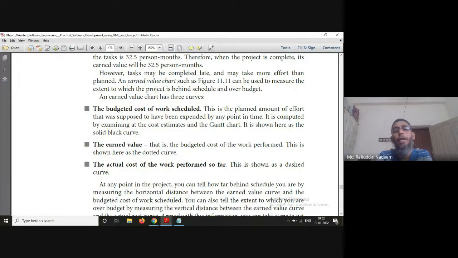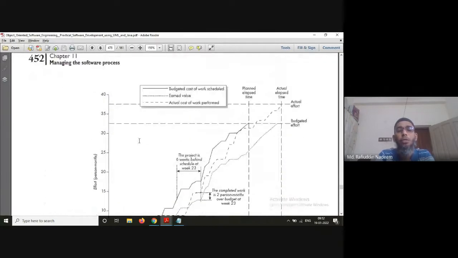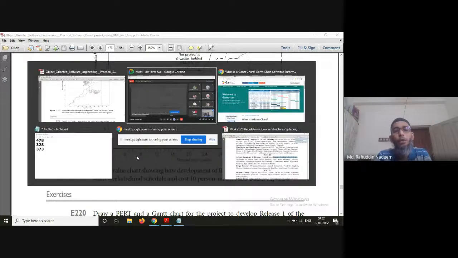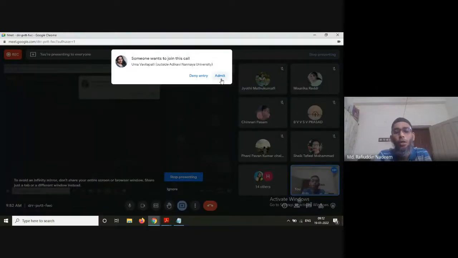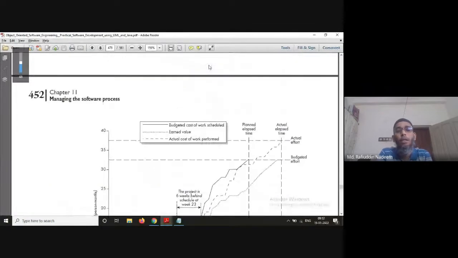It is computed by examining the cost estimates on the Gantt chart, and it is shown by the solid curve. So in this diagram, the solid curve is specifying the budgeted cost of the work scheduled.